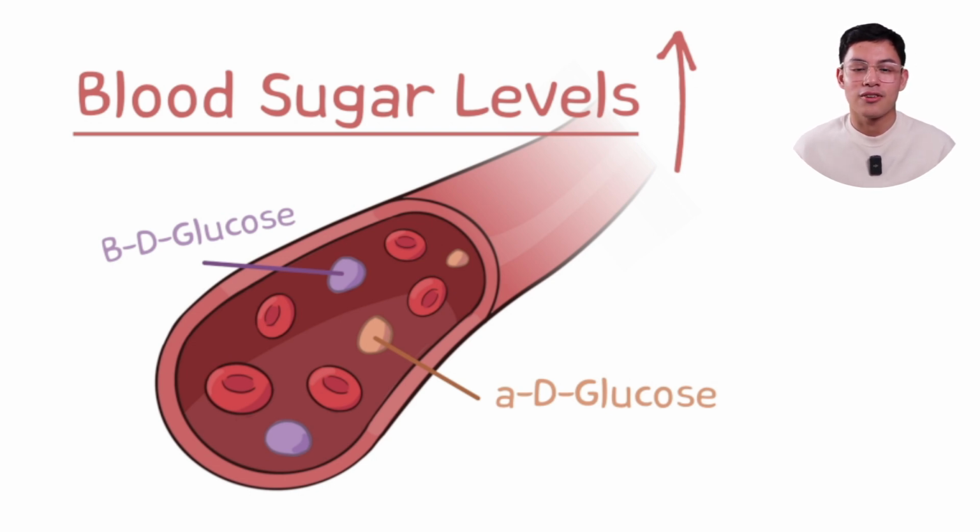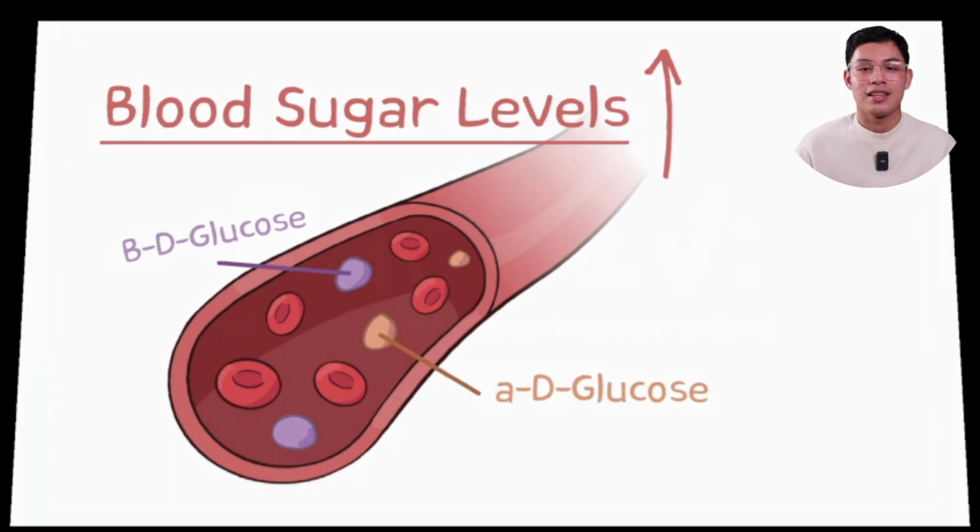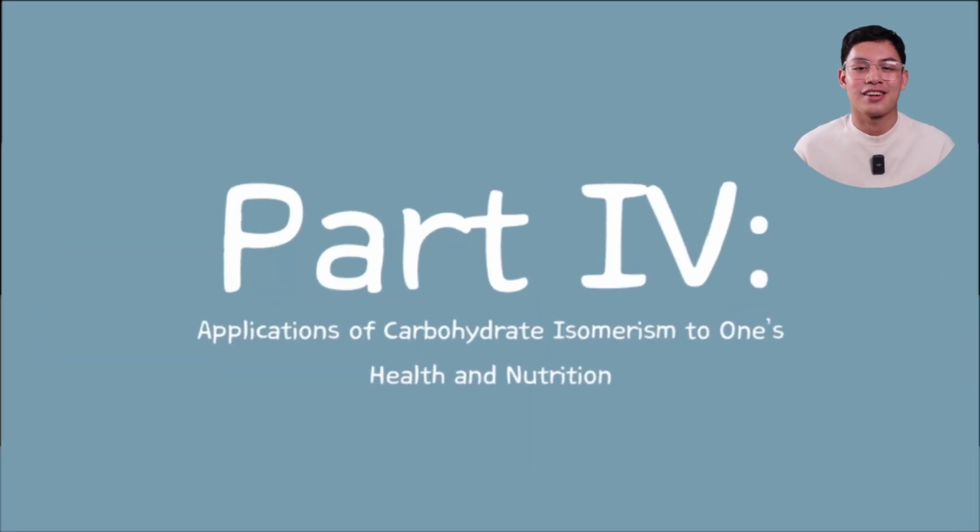Now, this is greatly significant, especially with high implications to patients with diabetes. And so, that concludes the last part of our discussion today. The last but not the least, talking about the applications of carbohydrate isomerism to one's health and nutrition.